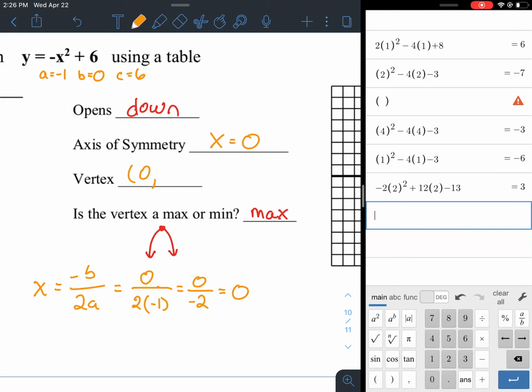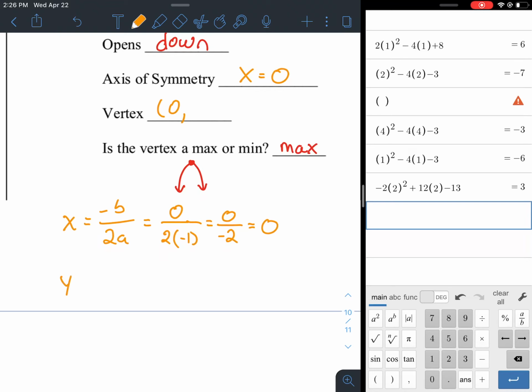Now, as far as the y-coordinate goes, y equals, we plug in the 0 we just found, negative, parenthesis, 0 squared plus 6. Okay, 0 squared is 0. If we make it negative, it's still 0. Really, this whole term would just be gone, and we're left with plus 6.